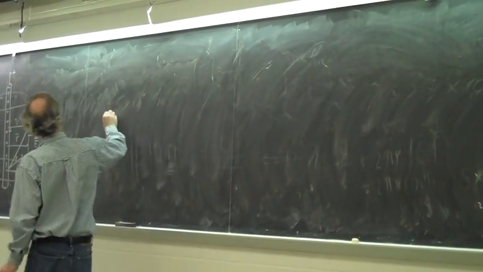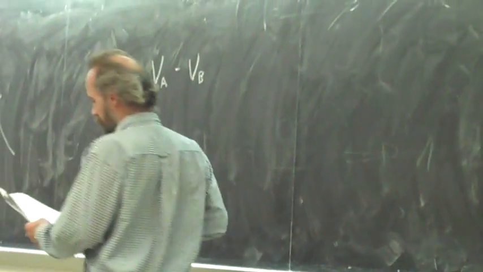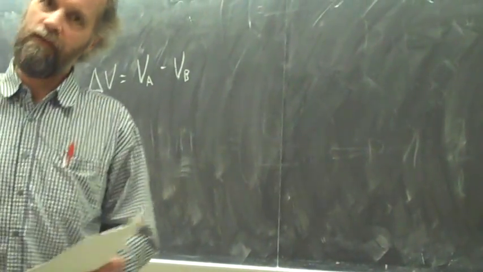So the easy way to do this is to say the voltage difference, and since A is at 1 meter, let's do VA minus VB. Although I asked here for VB minus VA, it's a little bit nasty, so we'll have to remember that.